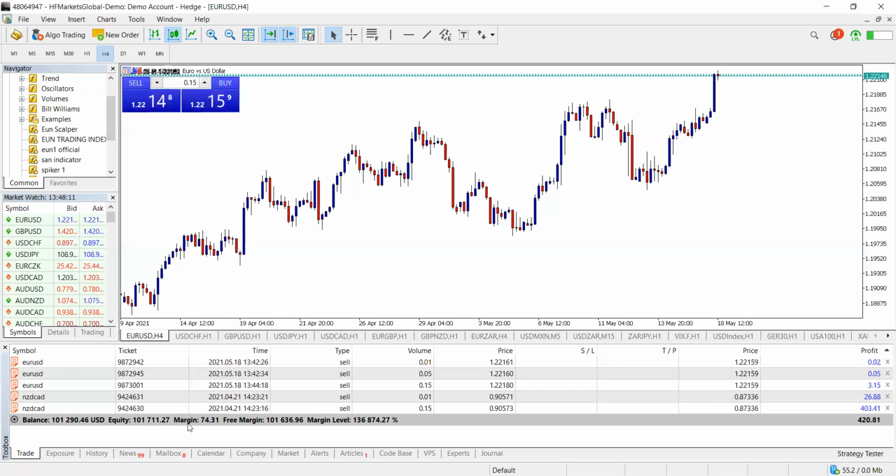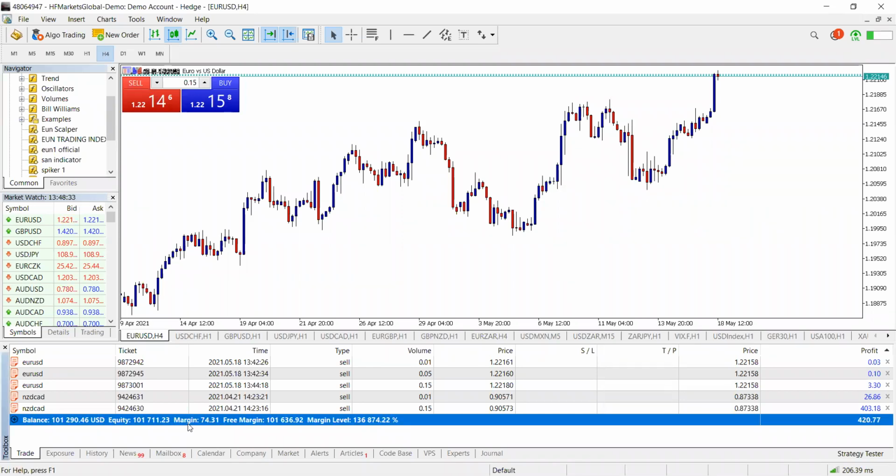Always make sure that your margin level, which is in percentage form, is always above 100%. Because if you go below 100%, it turns red.